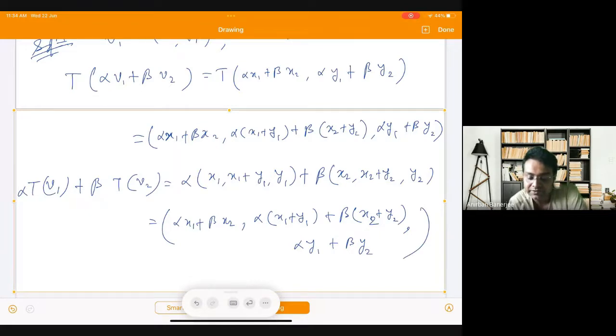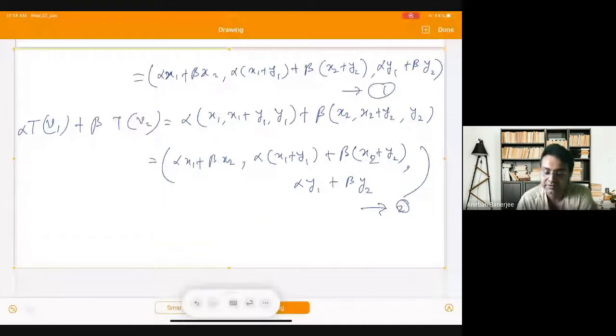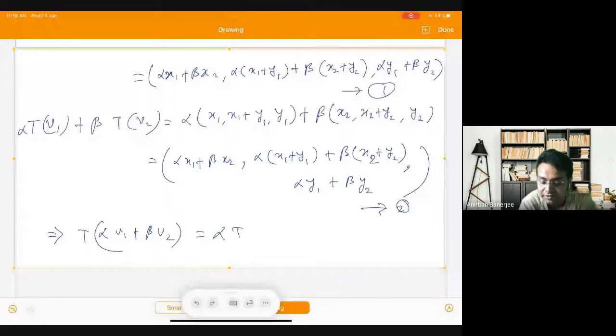Okay, let's say this is 1 and this is 2. So from 1 and 2, it implies that we have the transformation of alpha v1 plus beta v2 is alpha T of v1 plus beta T of v2.